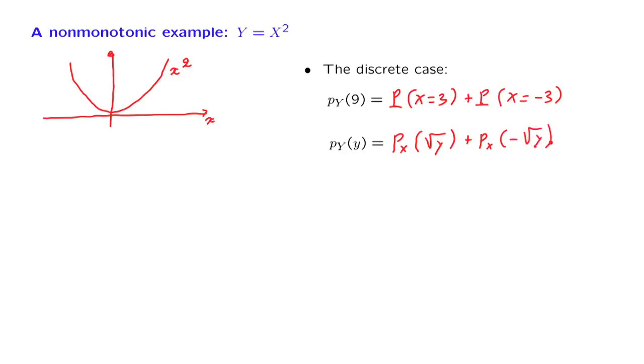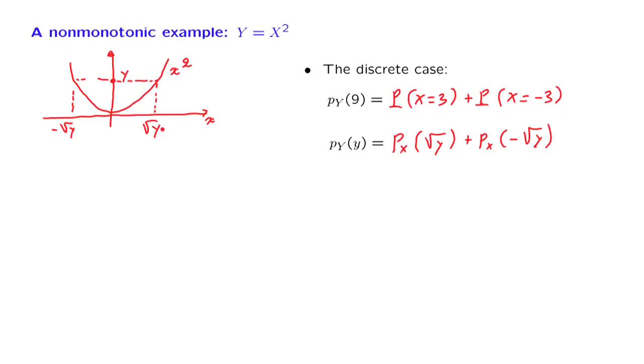And this is the general formula for the PMF of the random variable y. And it involves two terms because any given value of little y can happen in two ways, either by having x equal to the negative square root of y, or by having x be equal to the positive square root of y.